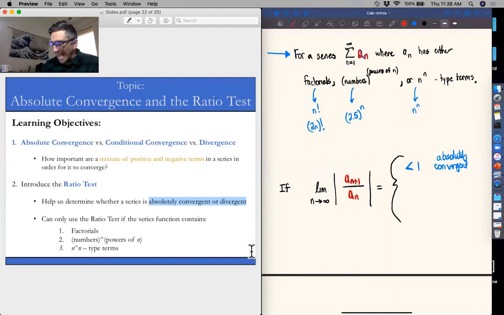If this number is anything greater than 1, then our series is just divergent. And the third case, if this limit turns out to be exactly 1, it's inconclusive.